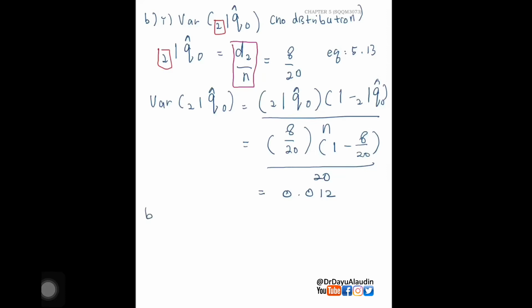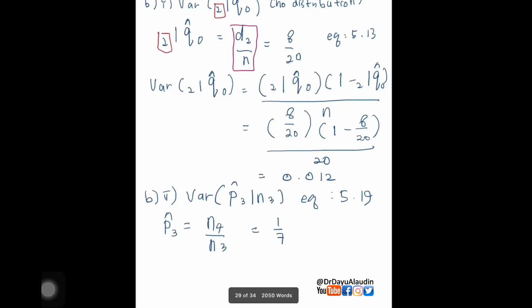And then the second variance, for this conditional probability of survival given that entry, you can refer to equation 5.19. How to find P3? P3 is N4 over N3, so you get 1 over 7.